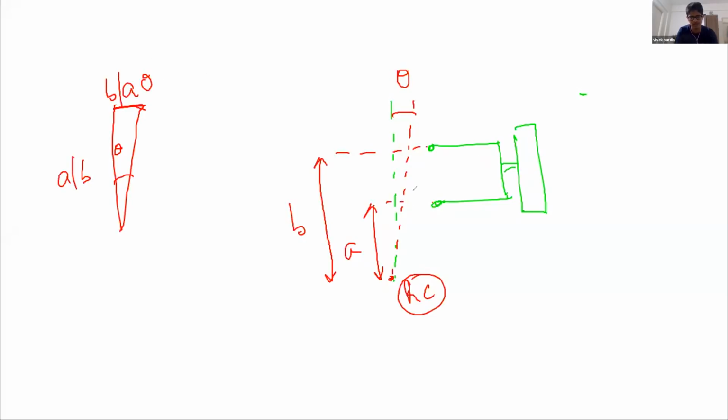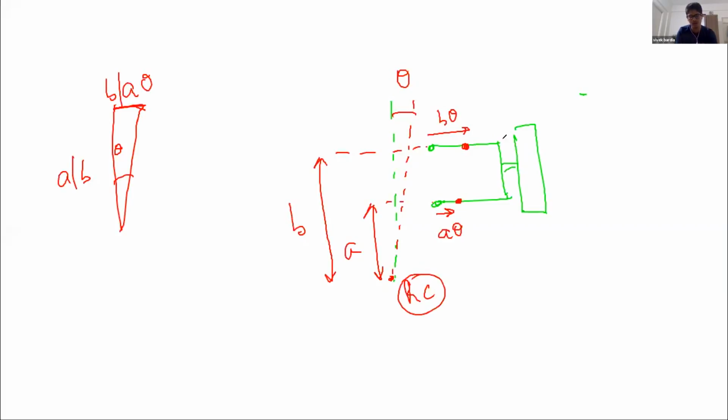So this point would move in this direction by A theta, and this point would move in this direction by B theta. Since theta is the same and B is greater than A, this point moves here and this point moves over here. B theta is more, A theta is less.